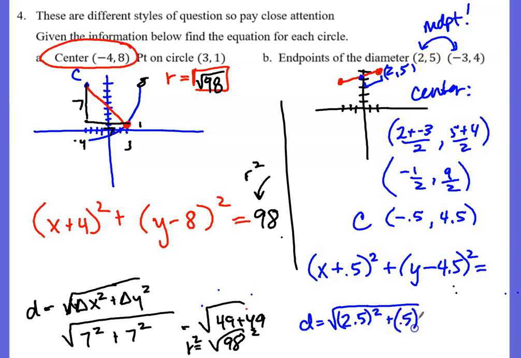So 0.5 squared. Again, I'm finding the distance between those 2 points. And so I end up with, I'm going to use my calculator for this because it's going to be a little weird. So 2.5 squared plus 0.5 squared. So it comes out to 6.5.